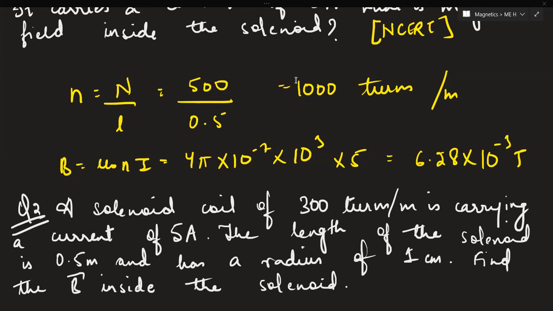Yes, that's right, 1.9 into 10 to the power minus 3. This has actually come in CBSE foreign papers of 2004, and once in an ICSE board also. First question is from your NCERT. The second question has come in CBSE foreign 2004 and in the ICSE board.